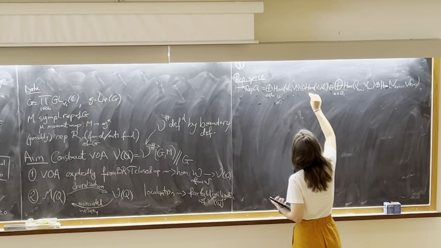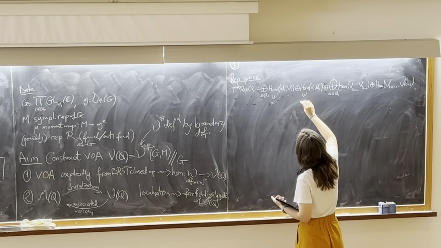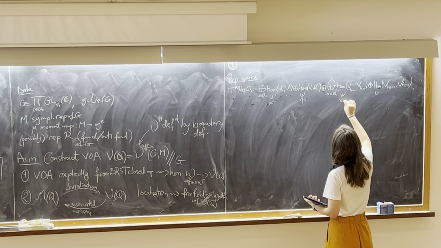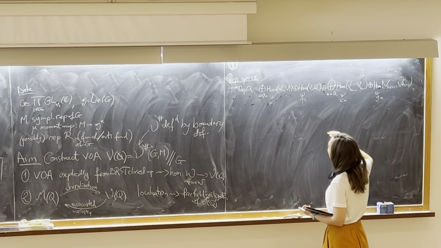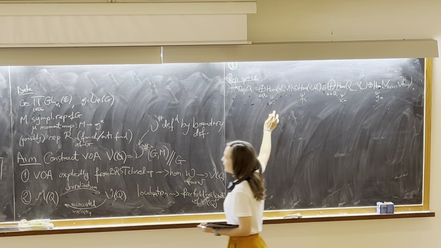There will be alpha I, so there will be 4 maps, beta, x, y, I. And on the map, this will be alpha I. This will be x, A, from I plus 1 to I. And similarly for this arrow. And then the beta and y will be the arrows going in the opposite direction.